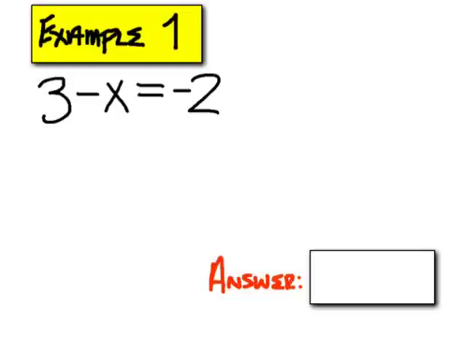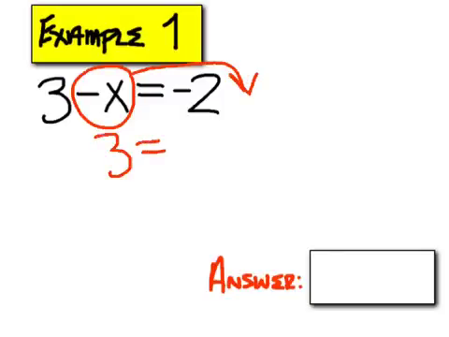Okay, example 1. The first thing we want to do with these problems is to take our -x and make it positive. Now, when we want to make something positive, we want to take it over to the opposite side. So we want to take our -x over to the right side. That'll give us 3 is equal to -2 plus x. Now this should look like something you guys have already done.